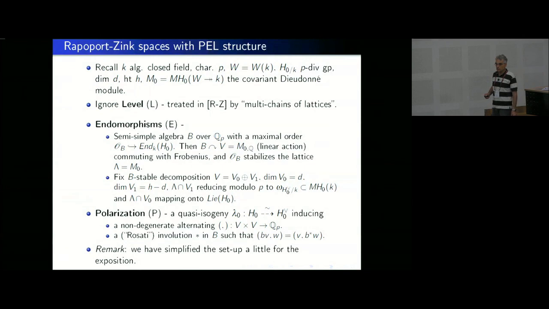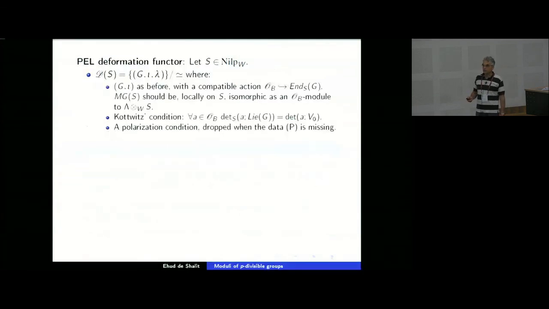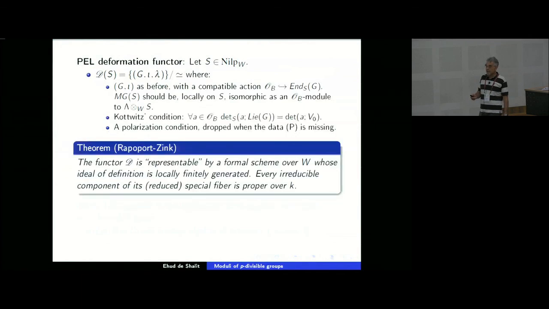So anyhow, it's of the dimension of the Lie algebra, and it maps to the Lie algebra mod p, so it makes sense to ask that the way A acts on the Lie algebra of G is the same way that in this model vector space A acted on V0 in terms of determinants.